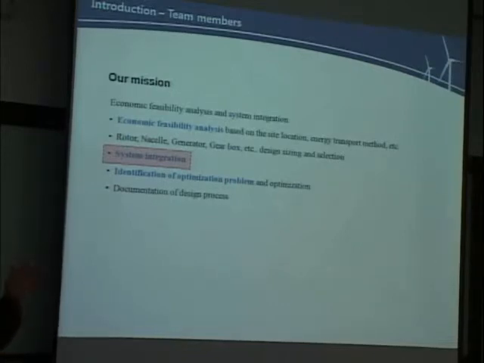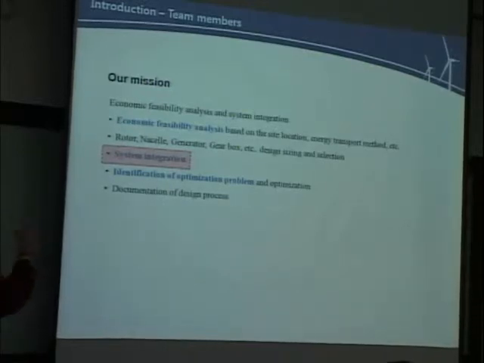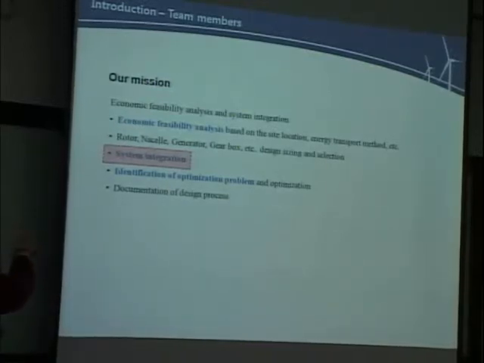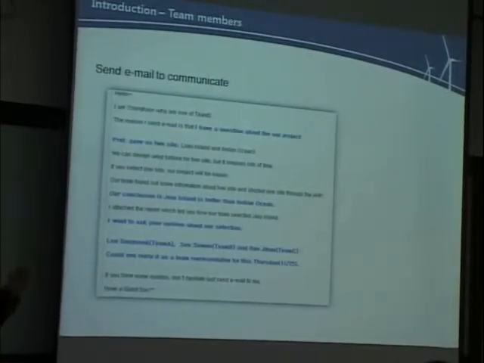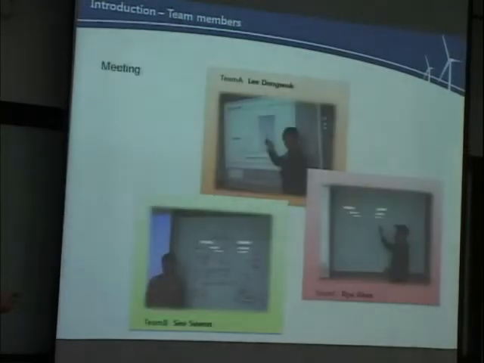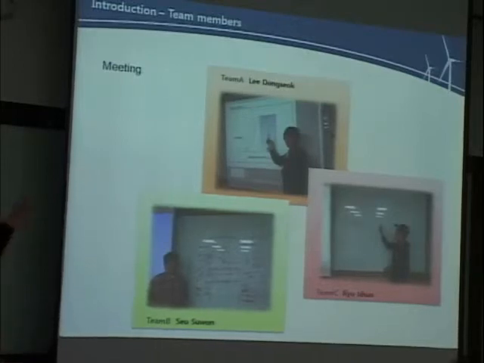So we need to create a function to determine the cost of our wind turbine, to design also the gearbox and rotor nacelle, and to identify the optimization problem. But a big part is also to integrate all the team together and to share some data. That's why we send some emails to communicate, to give our work presentation, and we also had some meetings, only one, but we need to hold more after.